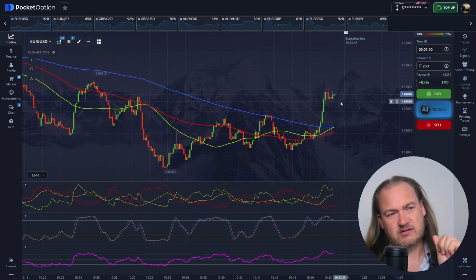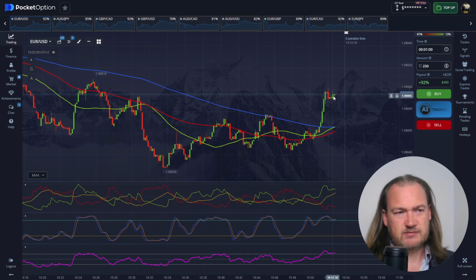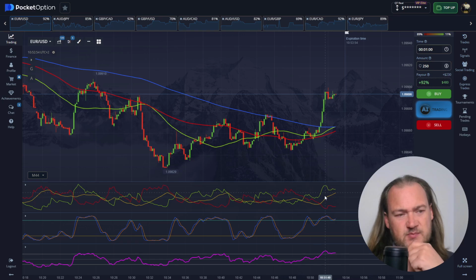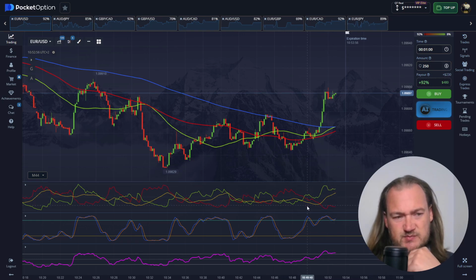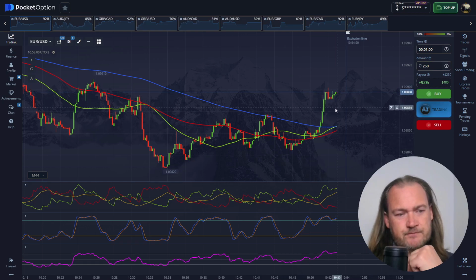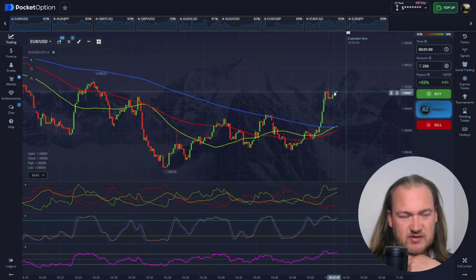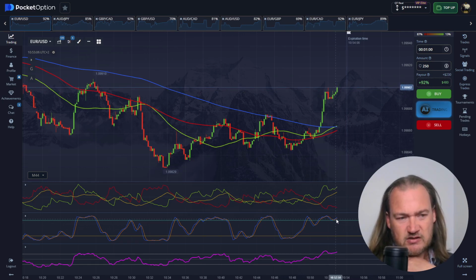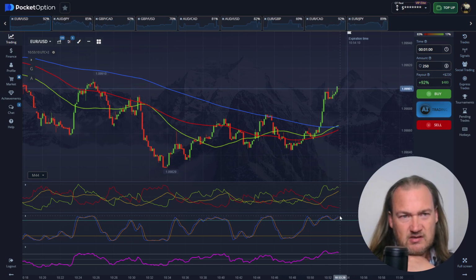Okay, so right now I can see that there was a big move. We had a massive DI spike, but the ADX is coming up strong, which tells me that there's a lot of strength behind this move here. But I also know that it's very possible that I might see some bearish divergence form now. If this does happen, I can take a sell trade, but I need to wait for it to form.